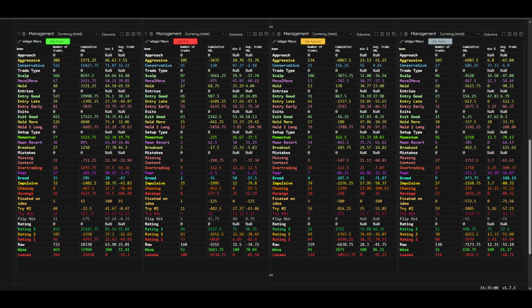I have a lot of green ratings here on none. Where does it get worse, though? It's still negative for every other column.